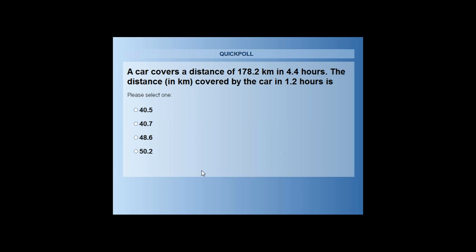40 to 50 seconds. No need to hurry, but need to be accurate. Okay, waiting for responses. 50 seconds up.